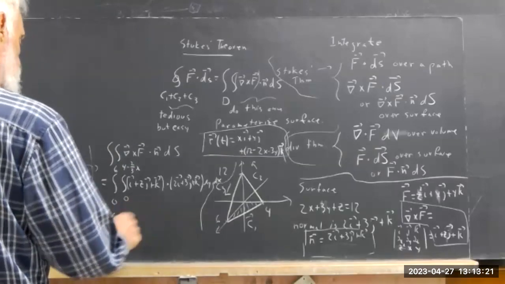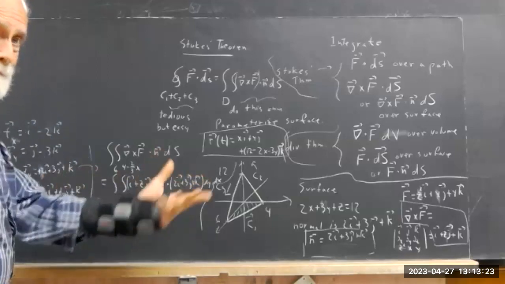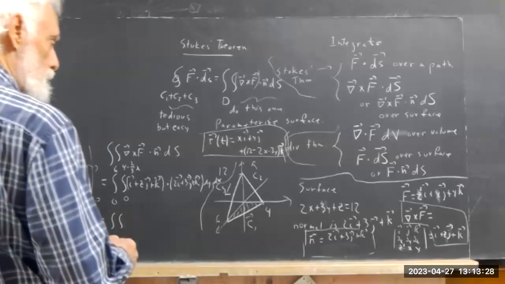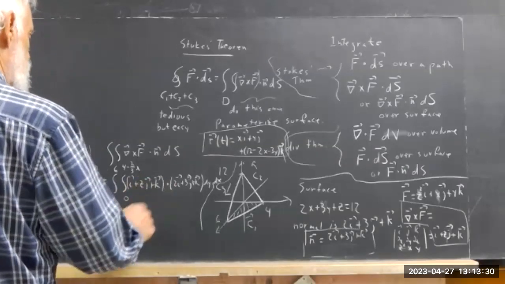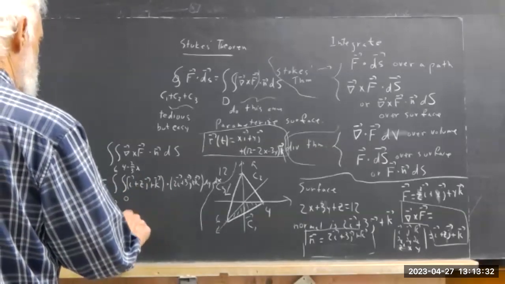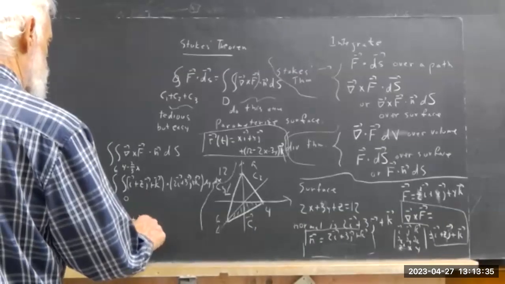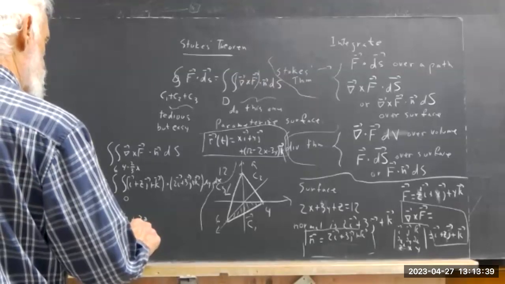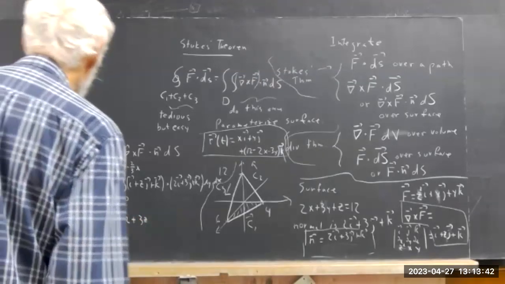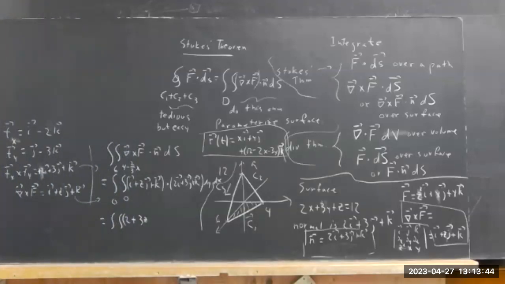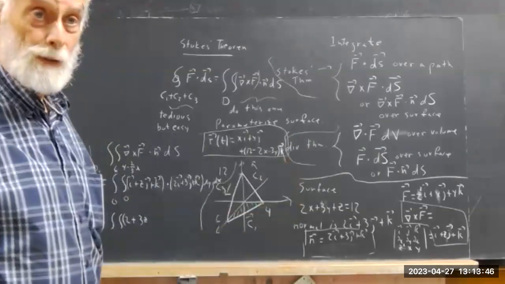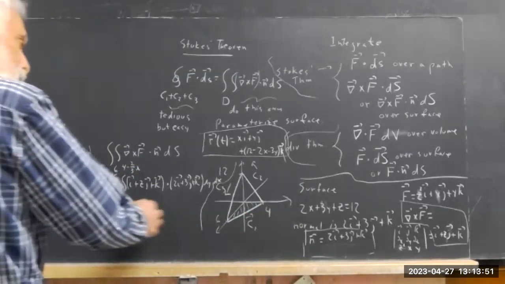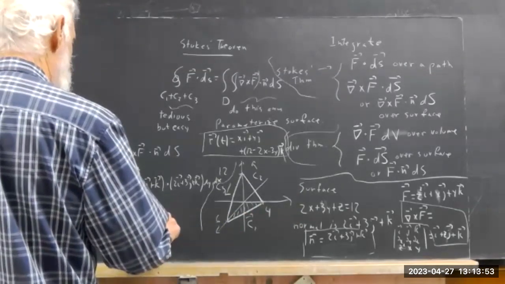So now I'm going to get the double integral over these regions. I dot 2i is 2, plus 3z. I'm going to need more room because z is 12 minus 2x minus 3y, right?